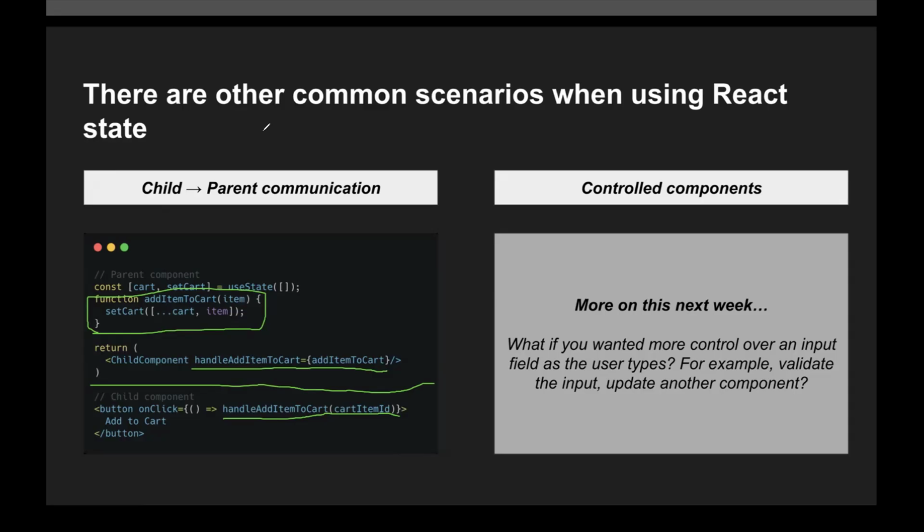So in this situation, right, let's assume this is a shopping site of some kind. So we need some kind of cart, maybe that we're keeping track of what's in the user's cart. But then we have a bunch of, let's say, product listings, and on each of those product listings, there's a button that allows you to add that item to the cart.